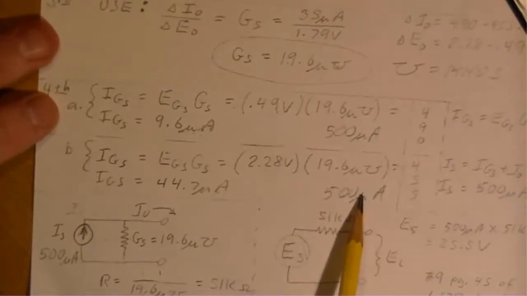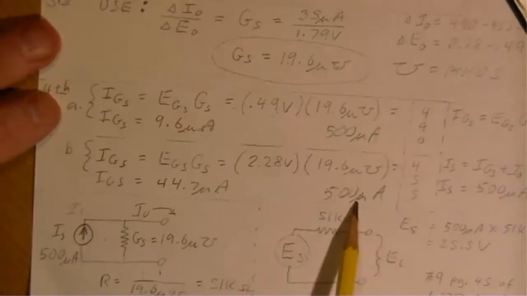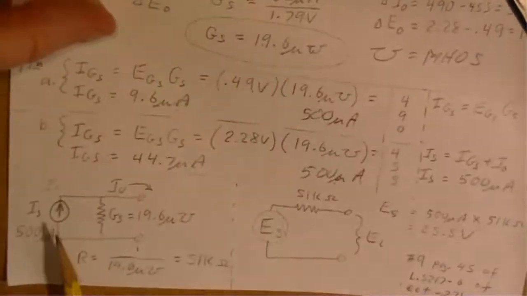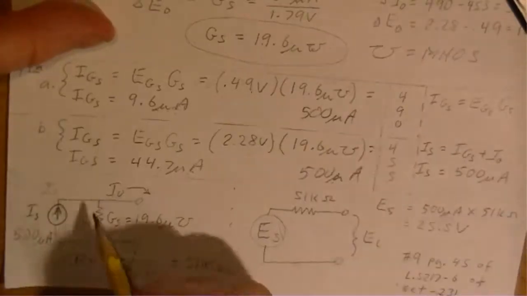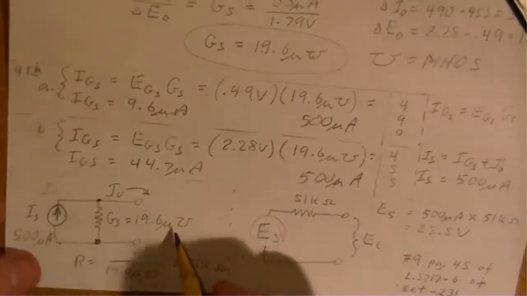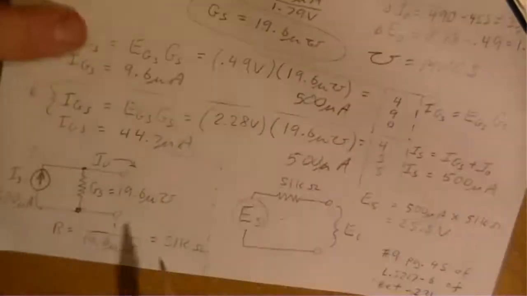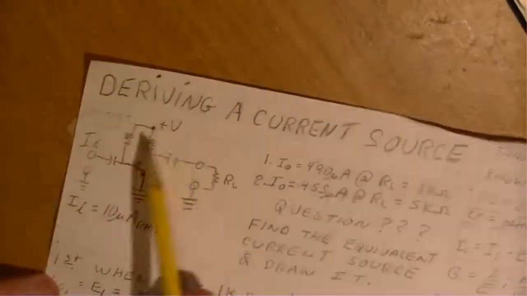Now that we found the source current, we draw the equivalent current source. Here's the current source, 500 microamps, and here is the conductance, 19.6 micromhos. And here is the equivalent voltage source from this equivalent current source. Here's the duality of this, and this is the duality of that.